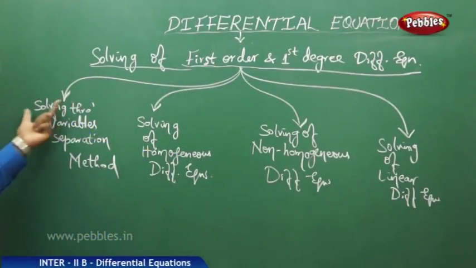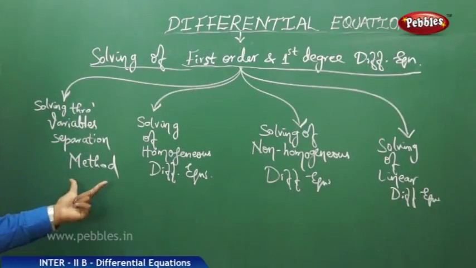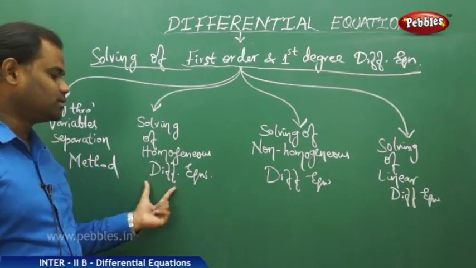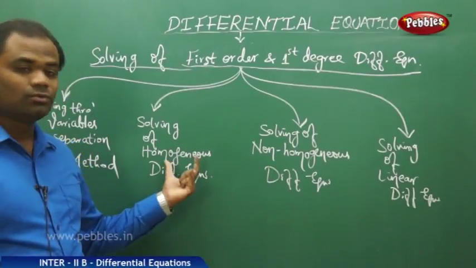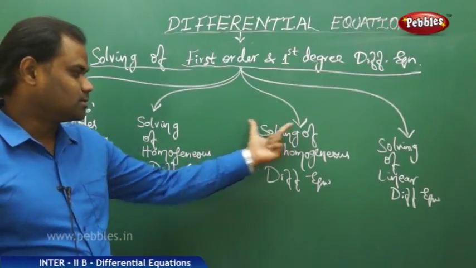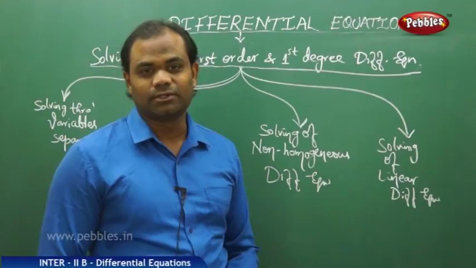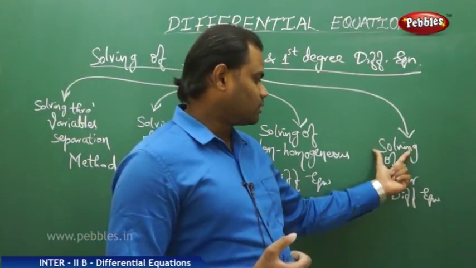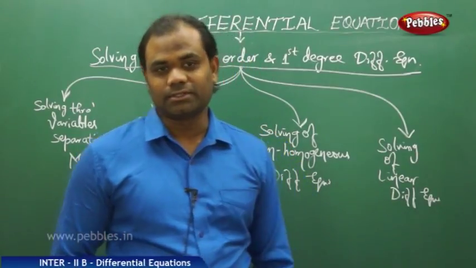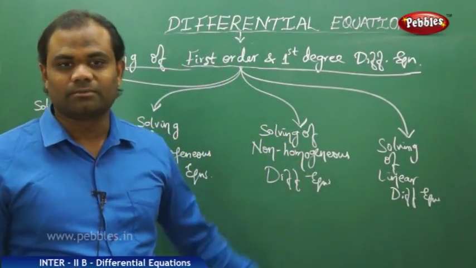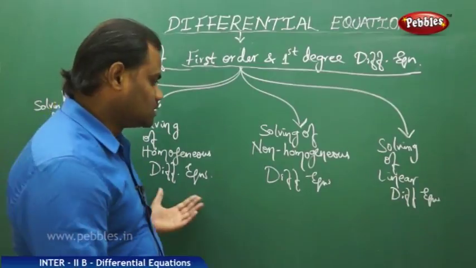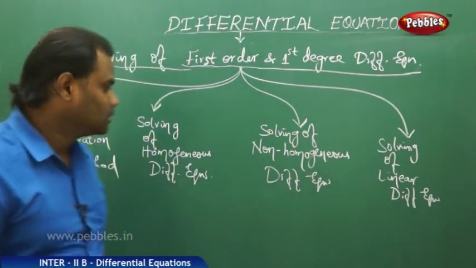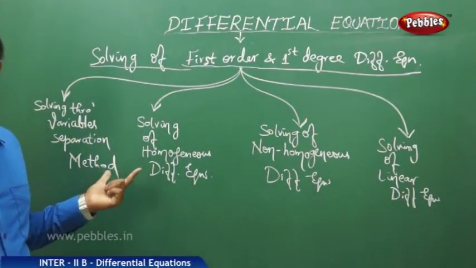One is solving through variable separation method, and next is solving of homogeneous differential equations through a particular method, and next is solving of non-homogeneous differential equations using its respective method, and finally solving of linear differential equations using its own respective method. So let's see these four methods, starting from variable separation method.